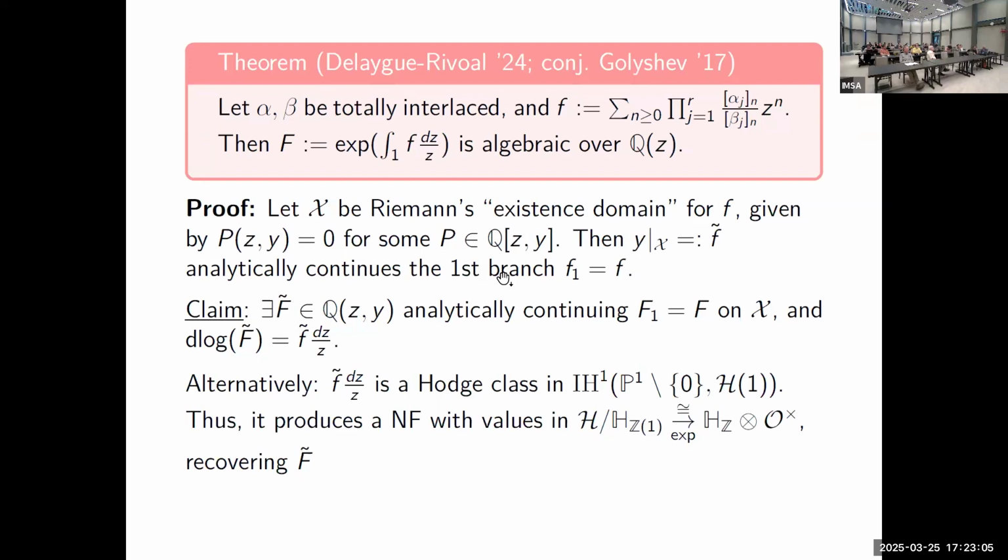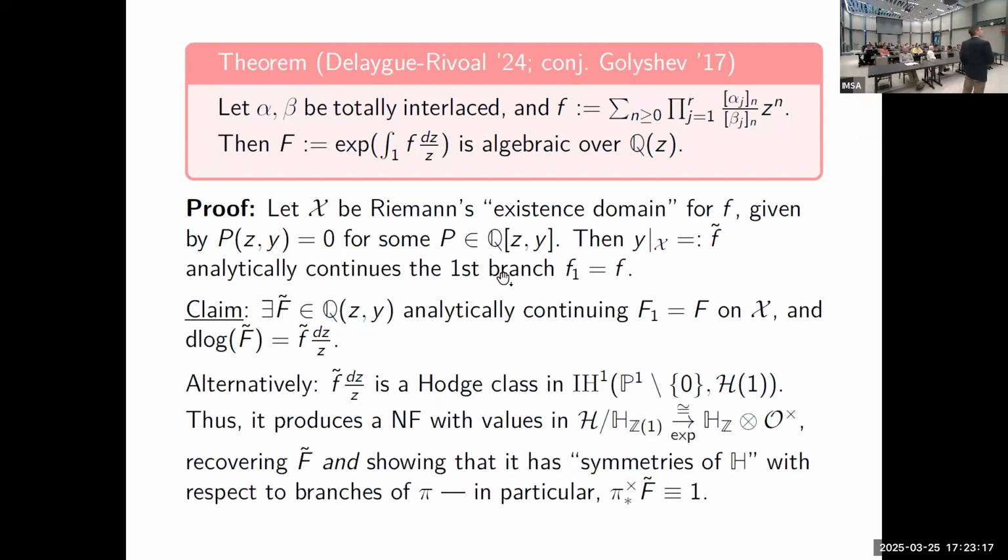Okay? Fiber by fiber. So that right-hand thing basically is the Jacobian. It's a bunch of copies of C star in each fiber. Just look at the values of that. And it shows that f tilde has the symmetries of this integer local system with respect to branches of pi.